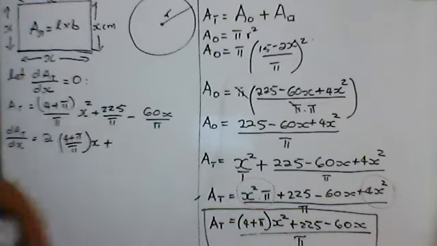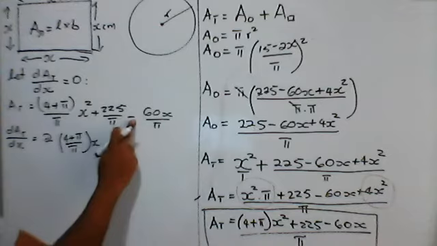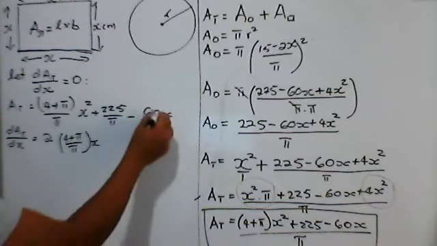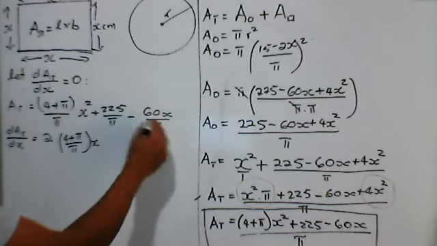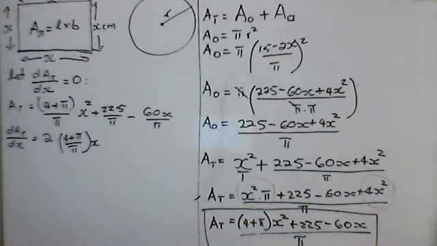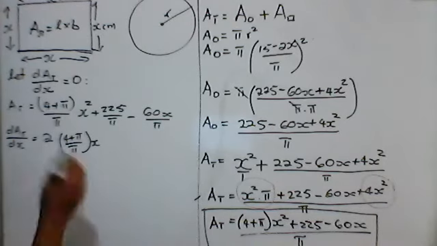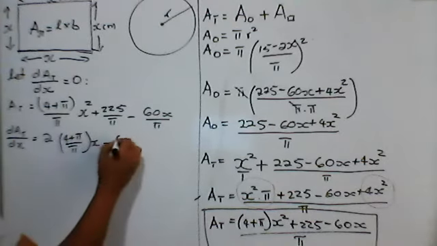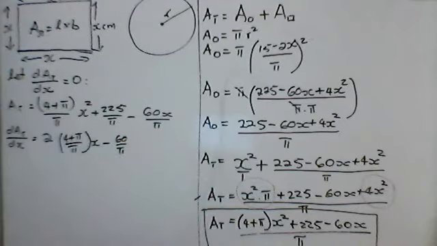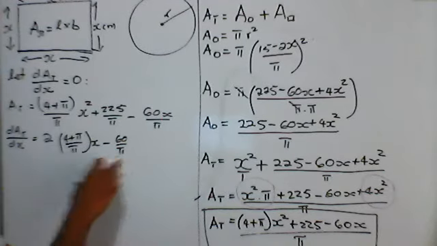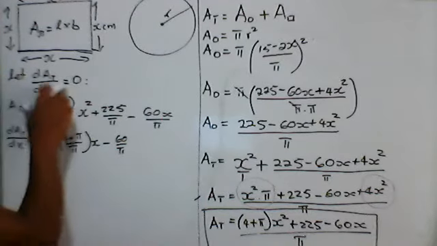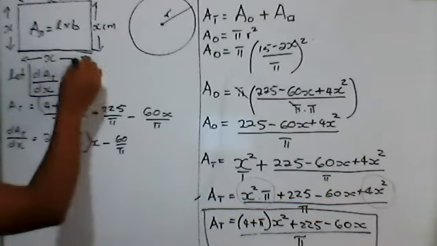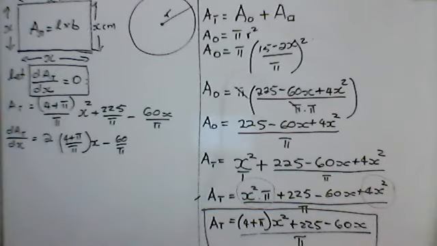So plus 0, minus, now 60x over pi, the derivative of 60x over pi is just 60 divided by pi. You have to let this be equal to 0 to find your maximum or minimum dimensions.